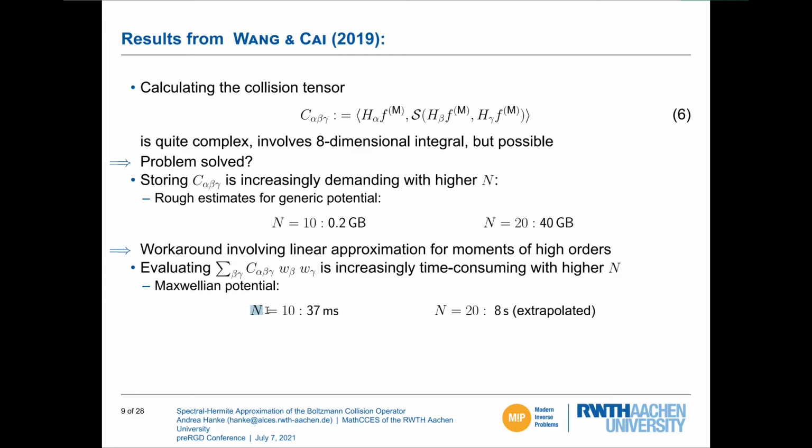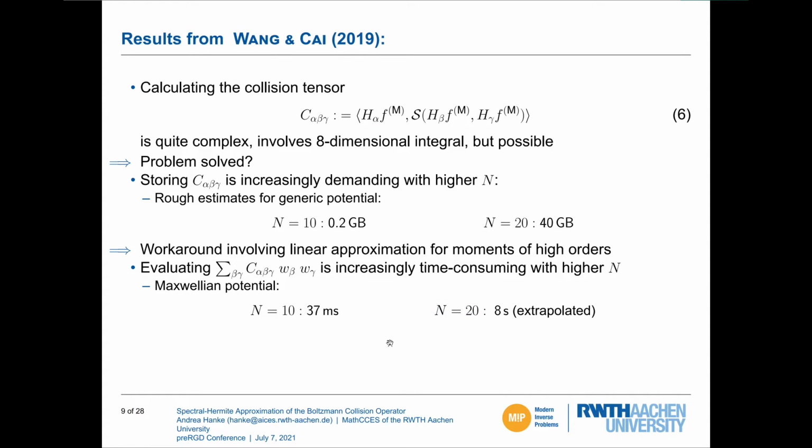As an example, for the Maxwellian potential, they measured for a polynomial degree of 10 that one evaluation of the collision operator takes about 37 milliseconds. For n equal 20, they didn't even give the measured time, but from the paper you can roughly extrapolate in which order of magnitude you are, and it probably took about 8 seconds.